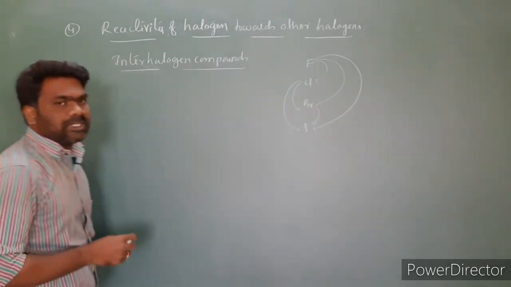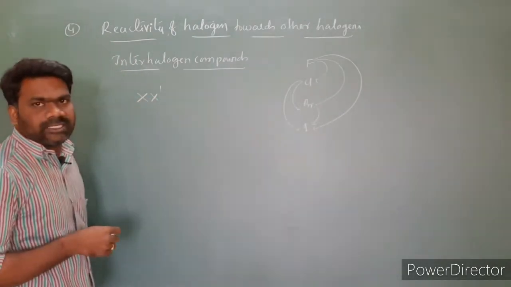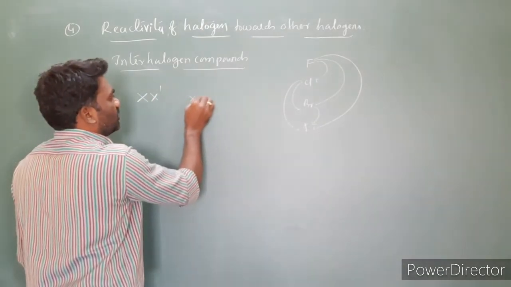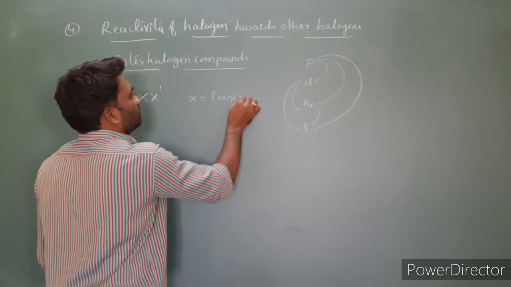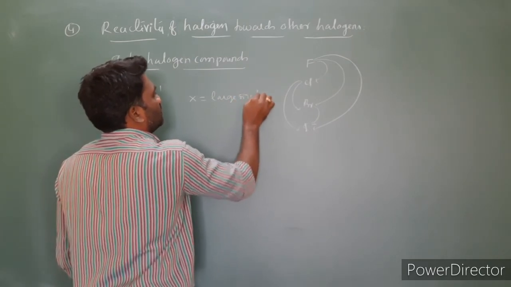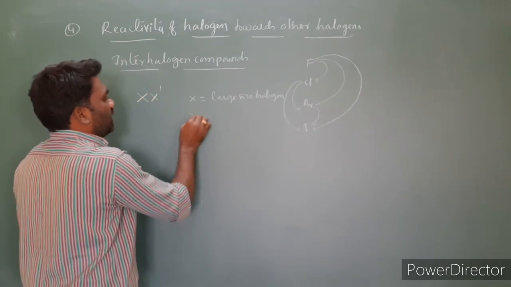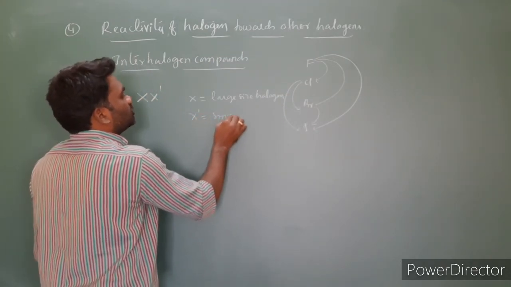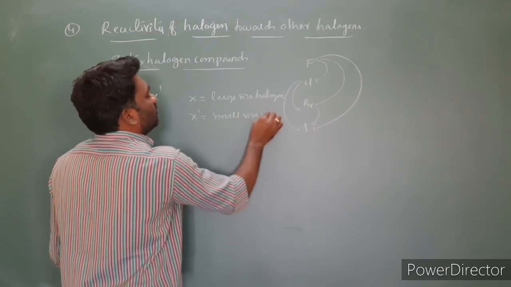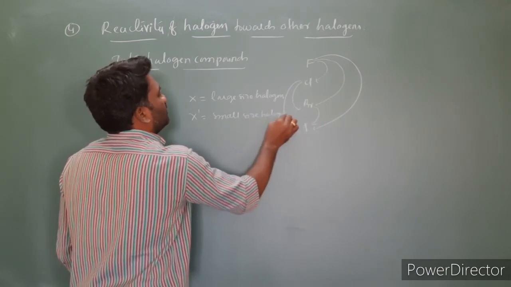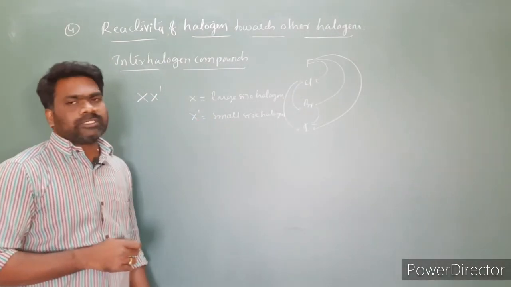Let us take some examples. There are different types: XX'. In all the cases, X is the large size halogen and X' is the small size halogen.